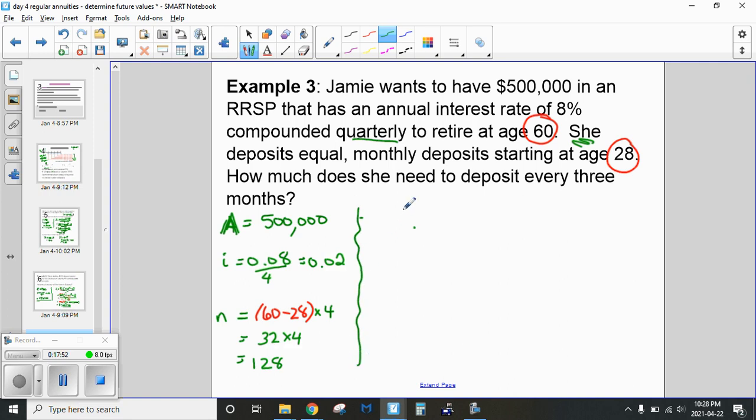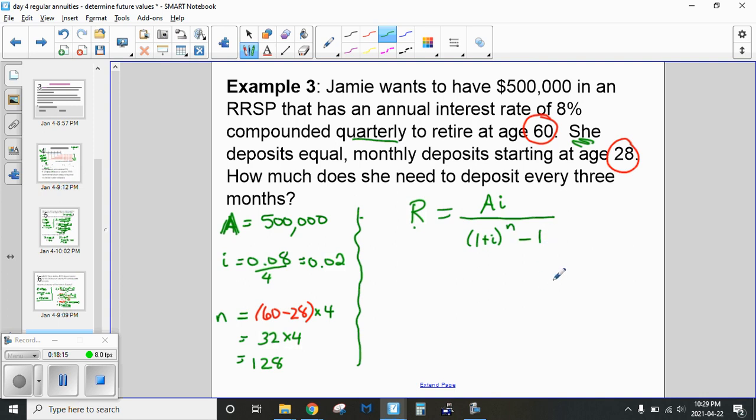And now I'm going to write out the formula. We haven't used this version yet, the rearranged one. So I'm going to be careful to write it out properly. This is A, the final amount, times the interest rate, divided by 1 plus the interest rate, the exponent n, take away 1.